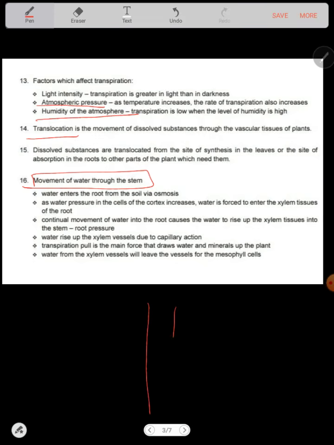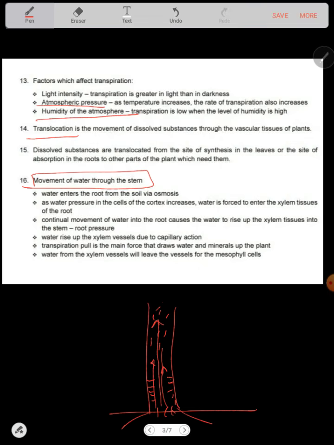So let's say this is a stem, and there's the ground. Water is coming from the ground and moving like that. There's pressure here against the walls of the stem as water is moving up. As water pressure in the cell increases, water is forced to rise up a tube like that.